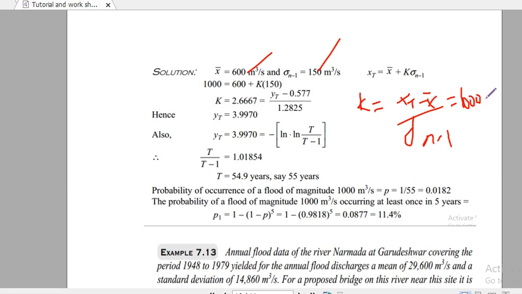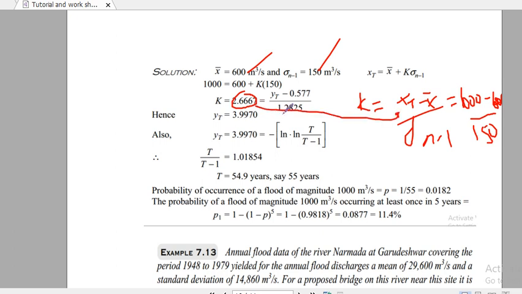minus what? 600, over what? Standard deviation 150. So by using this formula we can get this value. Yeah, this is obtained from this.